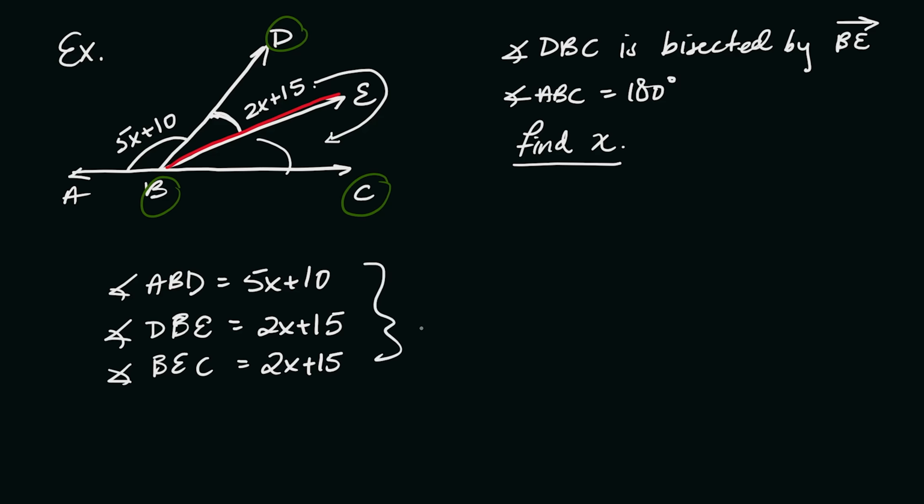So now all of these would equal 180 degrees, because angle ABC is 180 degrees. So these are all supplementary angles combined together.